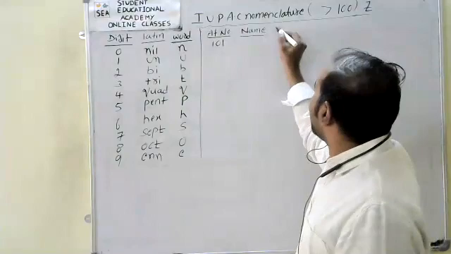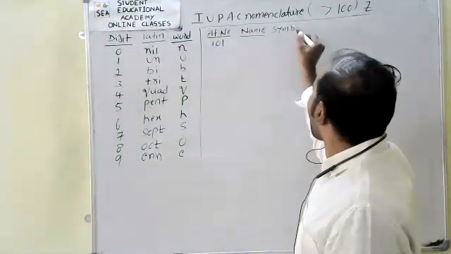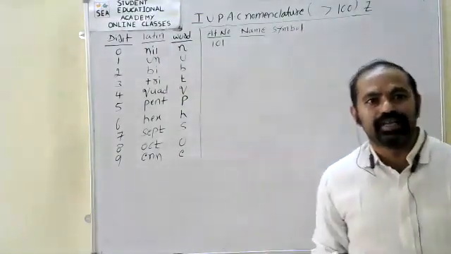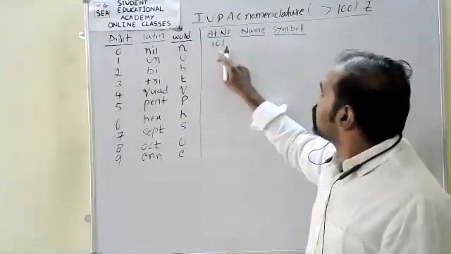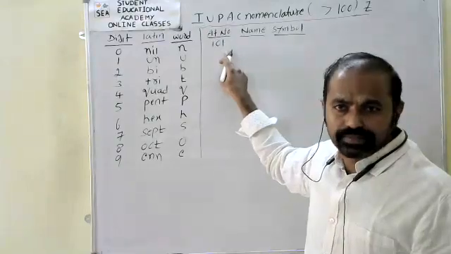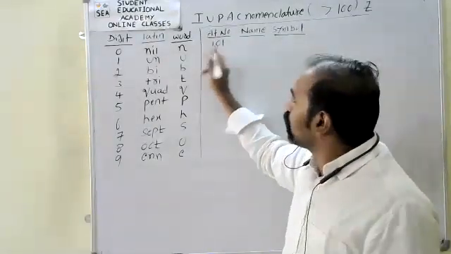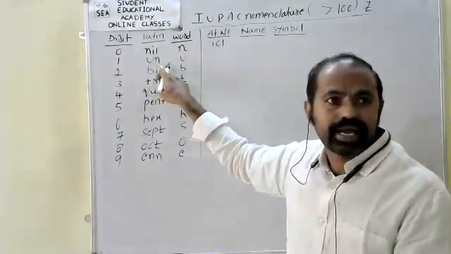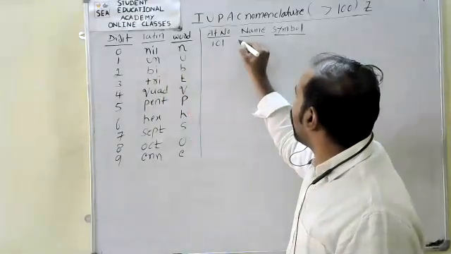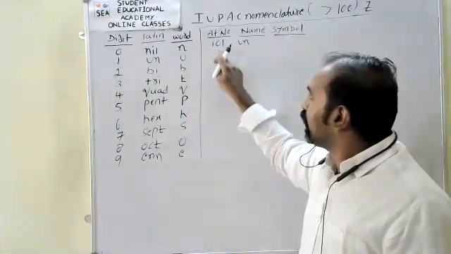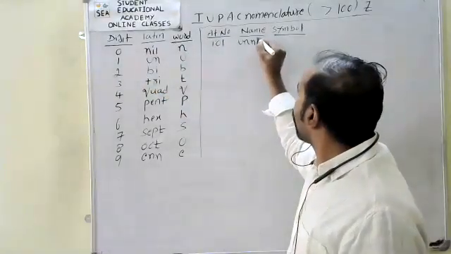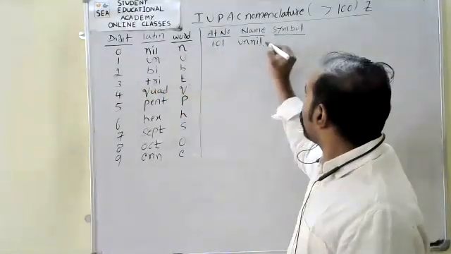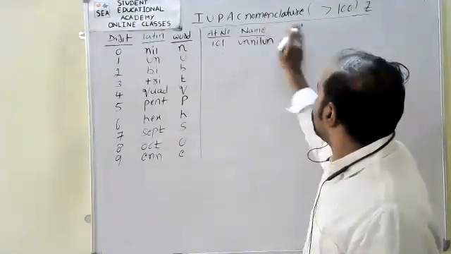We want the name, followed by the symbol. For 101, the first digit 1 is un, the next 0 is nil, and the next 1 is un.